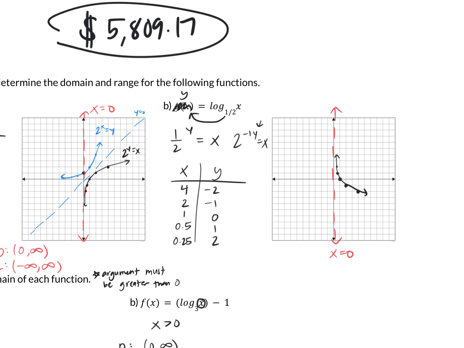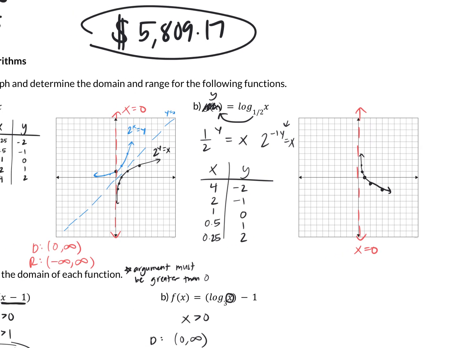Okay, so if I look between these two graphs here, do we see how this is increasing, right? This function is decreasing. Aren't this graph and this graph just a reflection of each other?